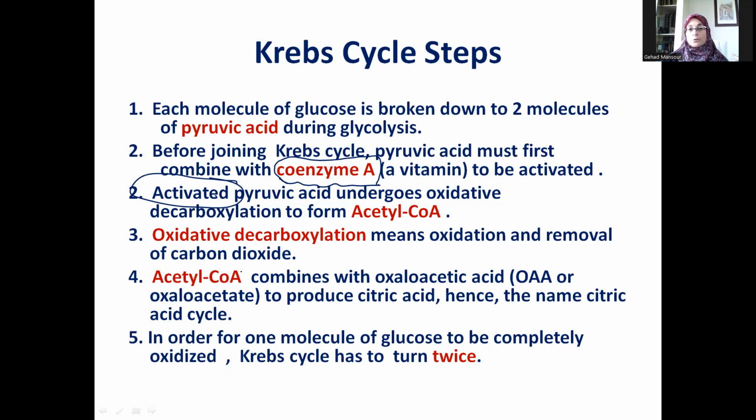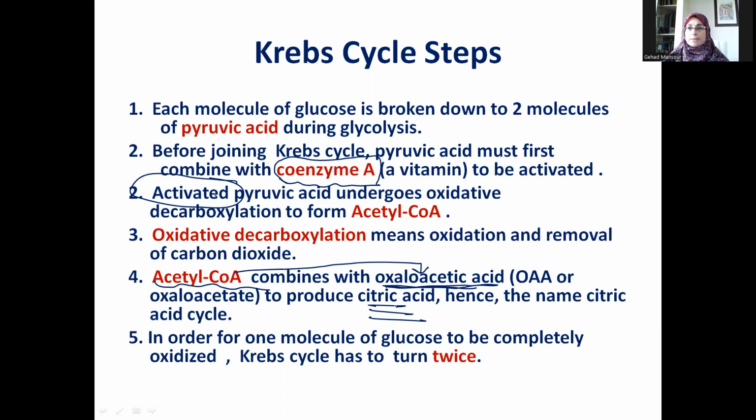And then here we have the first step, which is combining acetyl coenzyme A with a molecule that is present in the matrix of the mitochondrion called oxaloacetic acid, OAA, to produce the first product of Krebs cycle, which is citric acid, and that's why we call the whole cycle citric acid cycle.